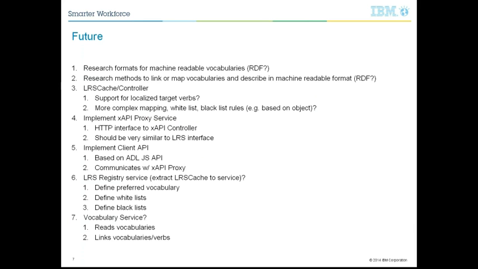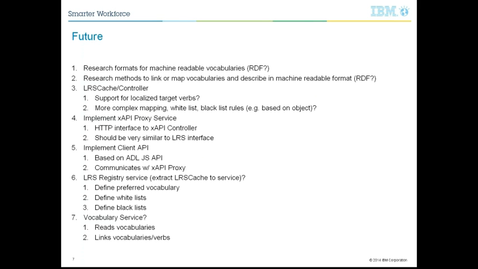An example of that would be the localized display of that verb instead of how we're doing it today. The next thing we'd like to research more is methods to link or map vocabularies and to describe that in machine-readable format. We think RDF is a probable solution for this as well.